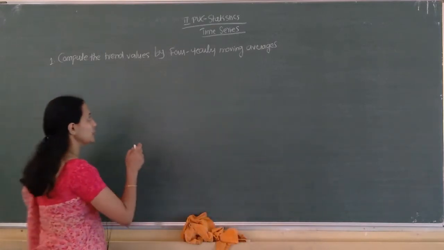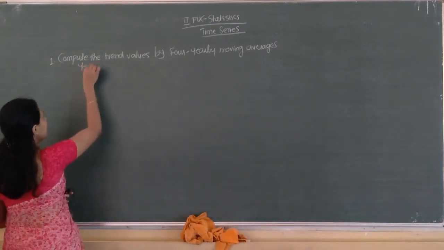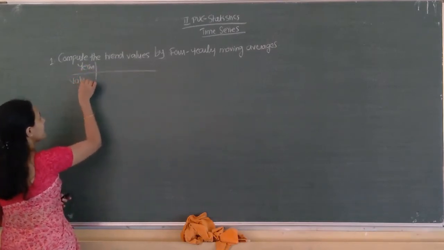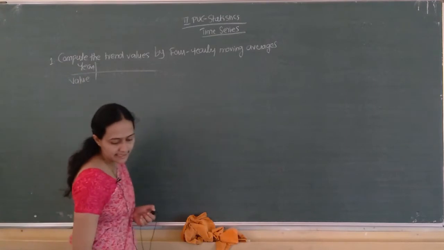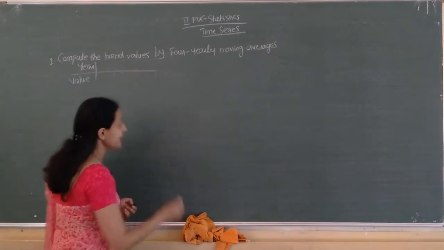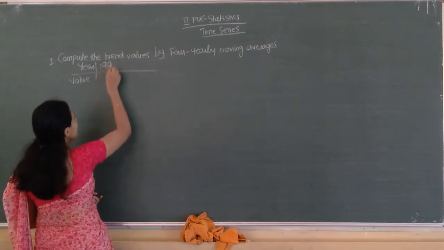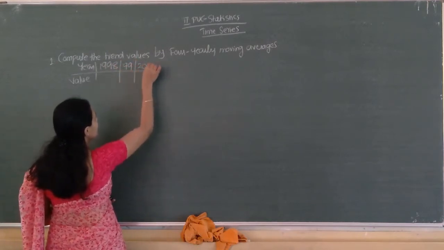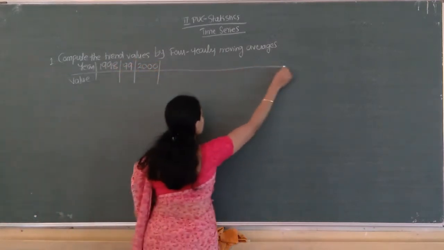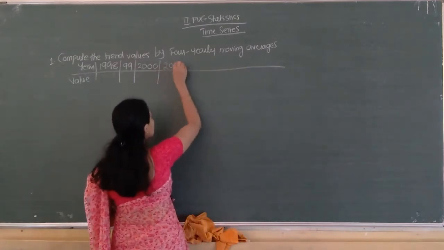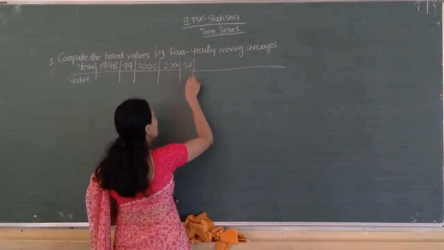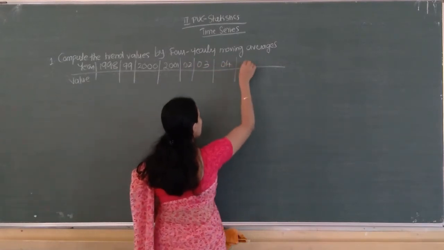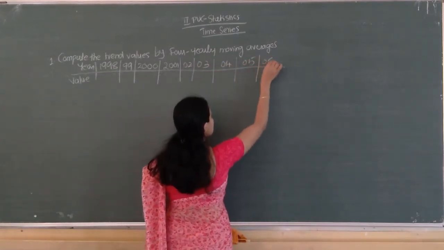Year and value. 1998 onwards: 1998, 1999, 2000, 2001, 2002, 2003, 2004, 2005, 2006.